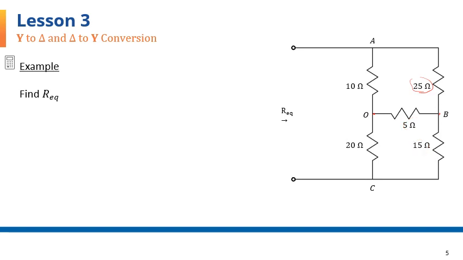There are also two delta connected sets of resistors. The 5, the 25, and 10 form a delta connection on the top half of the circuit, and looking at the bottom of the circuit, you can see that these three, the 5, the 15, and the 20 ohm, also form a delta connected trio.